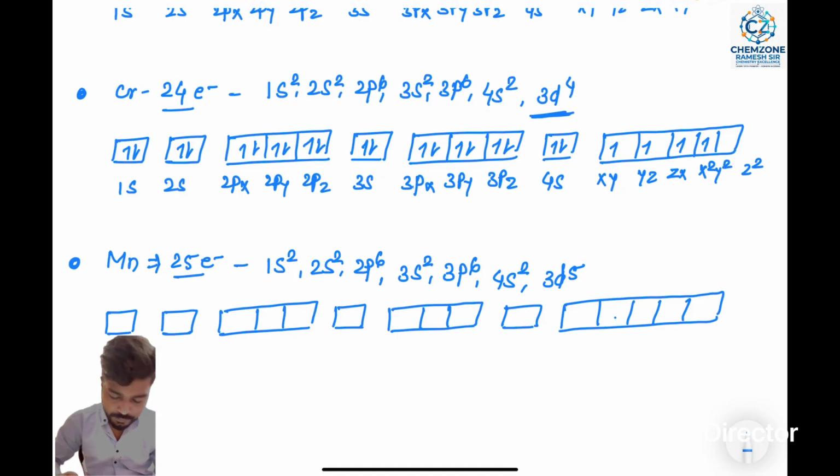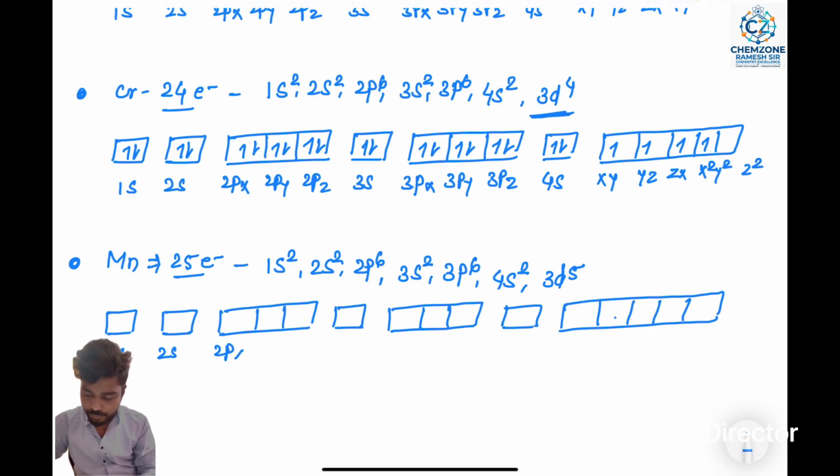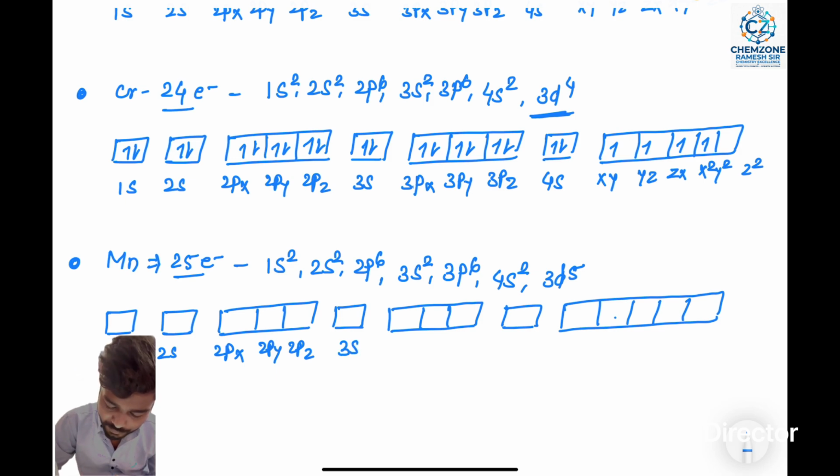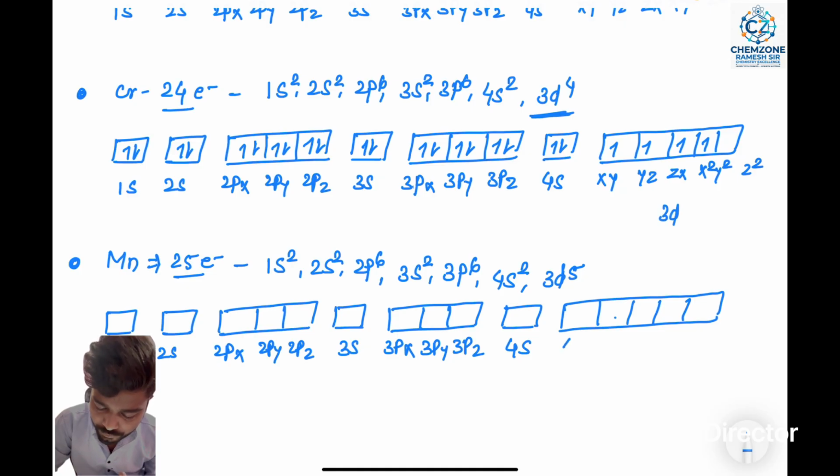Okay, mention the name: 1s, 2s, 2px, 2py and 2pz, फिर 3s, 3px, 3py, 3pz and 4s. Then those are the d orbitals. Which d? 3d. Okay, so xy, yz, zx, x का स्क्वायर, y का स्क्वायर, और लास्ट ऑर्बिटल z का स्क्वायर.